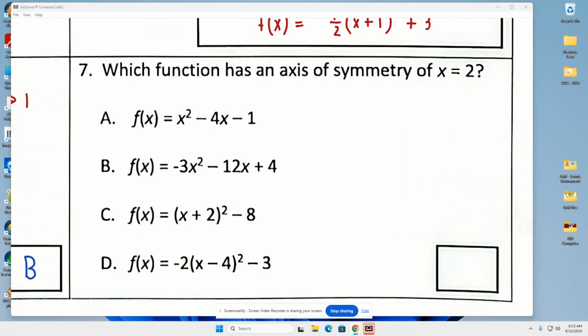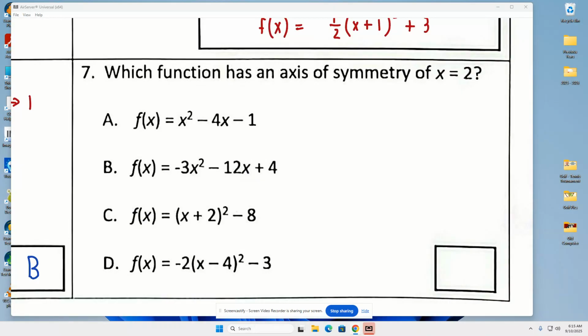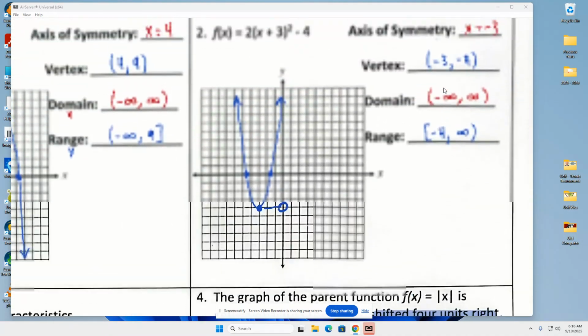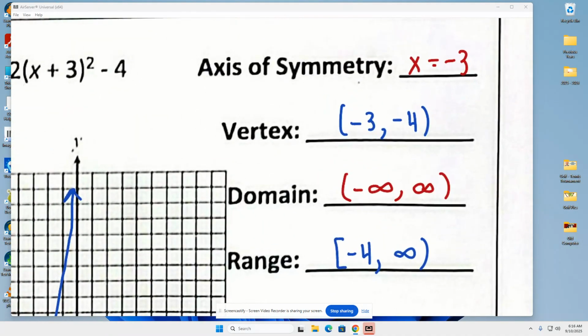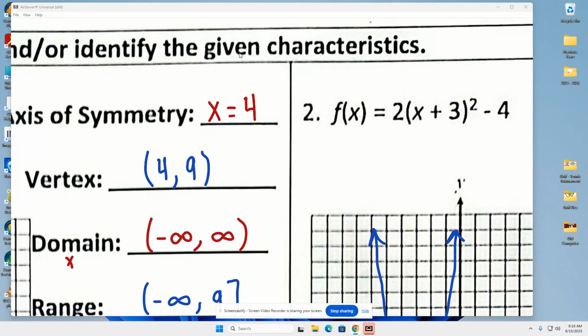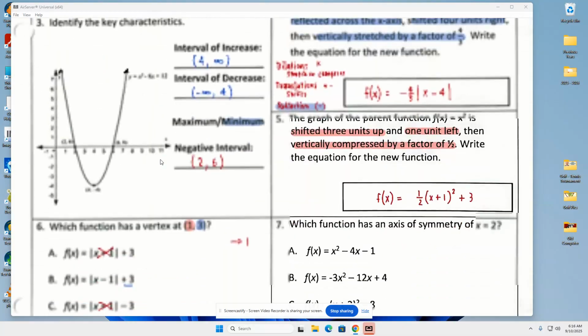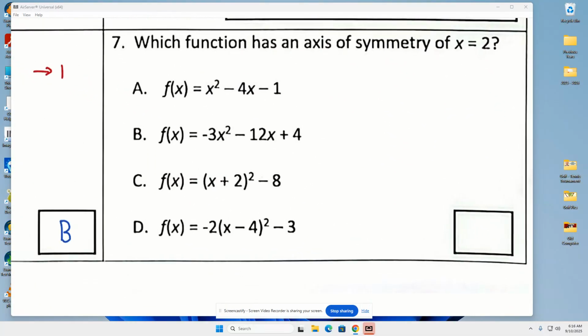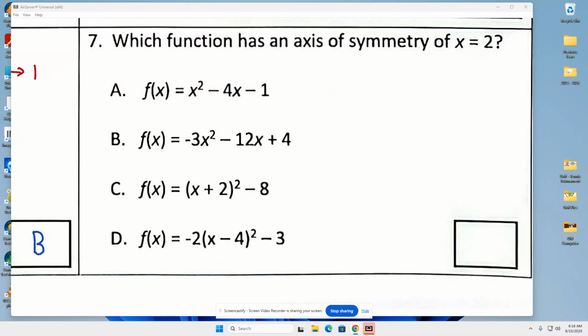Now, let's move over here to number 7. And again, if you want to use your calculator to find an axis of symmetry of x equals 2, let me remind you, let me take you back up here. What was my axis of symmetry always the same value as? The x value of my vertex. Look, you can see it there. You can see it here. The x value of my vertex. So on this problem right here, shouldn't 2 be the x value of my vertex?